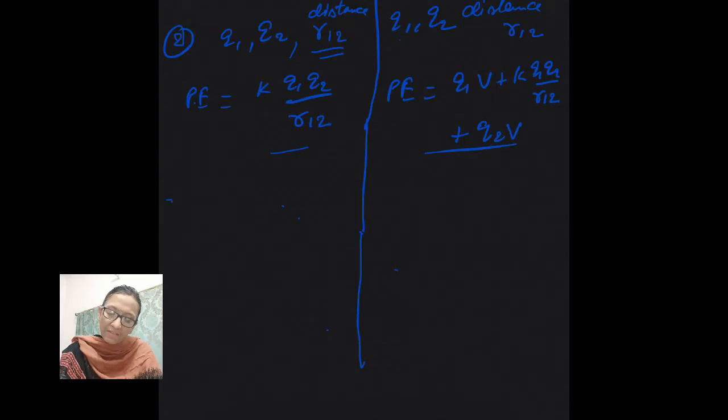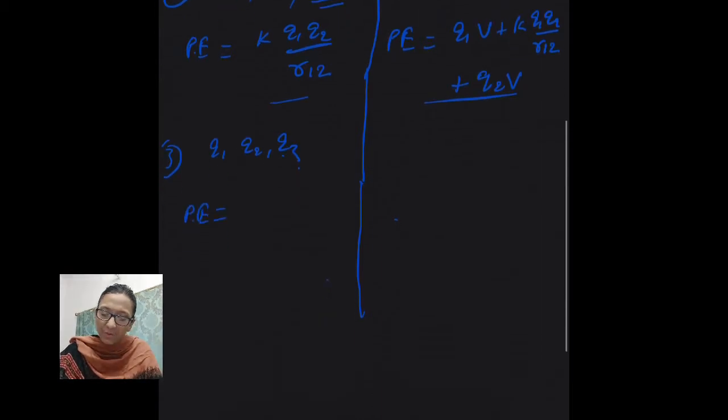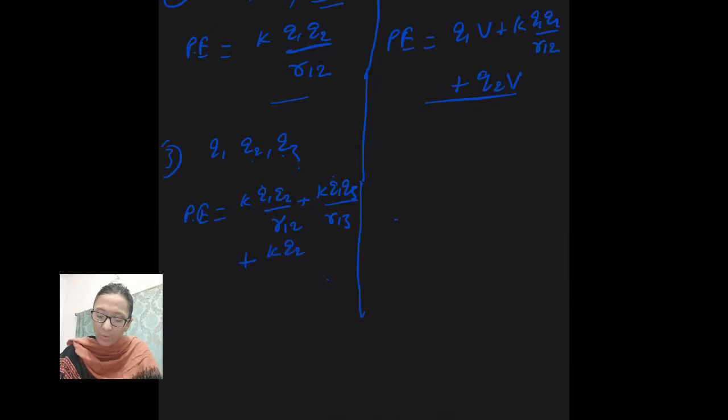Now suppose you have a system of three charges Q1, Q2, Q3, and so the potential energy is equal to, as you know, Q1 Q2 upon R12 plus Q1 Q3 upon R13 plus, now leaving Q1, you do with Q2 and Q3: Q2 Q3 upon R23.